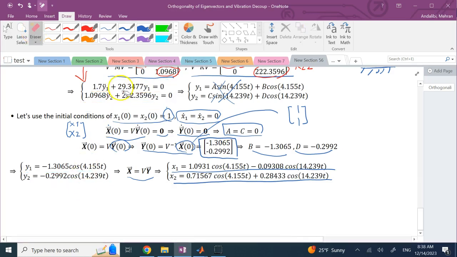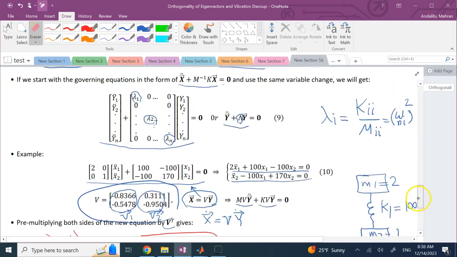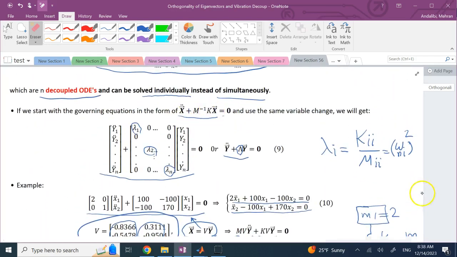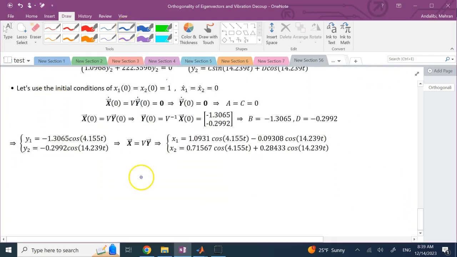Okay? And one thing I have to mention is that this decoupling is not only useful when you have free vibrations like that. If you have forced vibrations, it is also useful, and it might be even more useful.